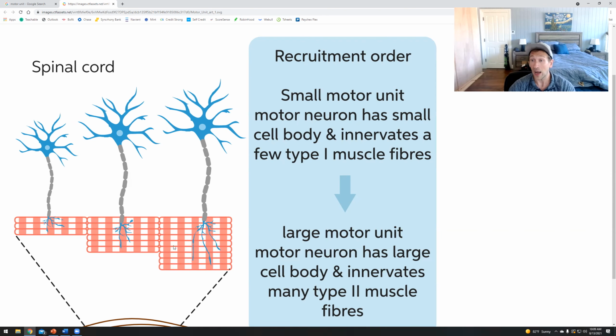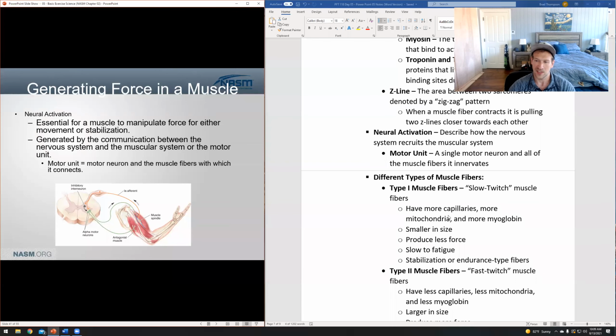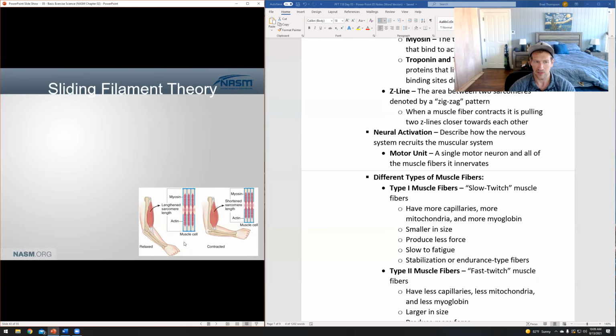Maybe this is like a squat, right? And this is a small motor unit. Maybe that is, I don't know, walking, very gentle. And then walking, running, sprinting, actually, that's a better analogy. So that's what a motor unit is. It's one neuron and all of the fibers that it is going to activate.